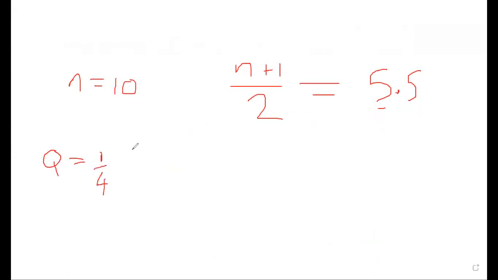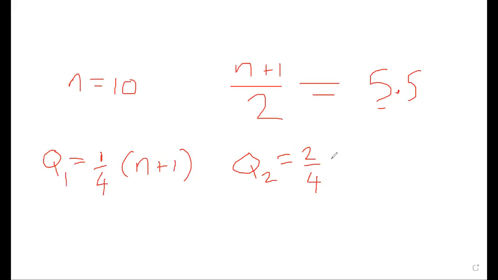That is the first quartile or the lower quartile. The second quartile is your median, which is Q2. So our Q2 is 2 over 4, which is the same as half of n plus 1.